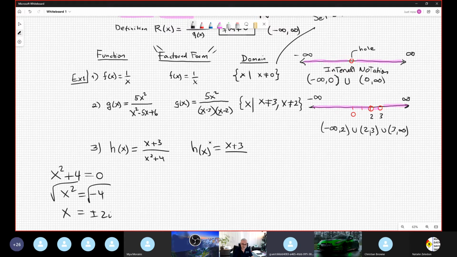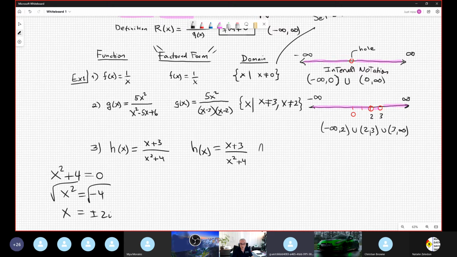So this polynomial is categorized as irreducible quadratic. Yes, we can break it down, but in complex numbers. But in this course, never use complex. It's impossible, the factorization, at least in the real field. And the domain is obvious: all real numbers.